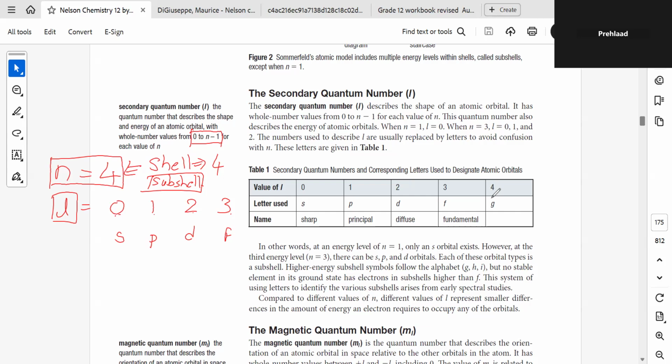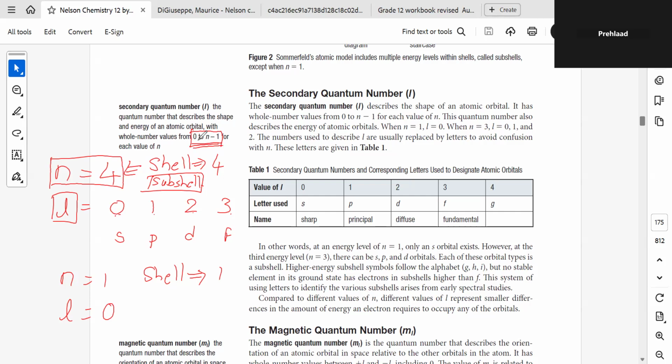Okay. Now, if n is equal to 1, that means the shell number is 1, correct? So the L number will be 0, because it ranges from 0 to n minus 1.